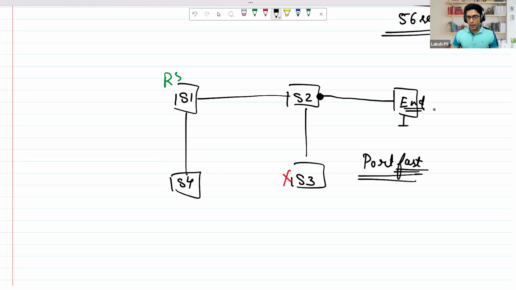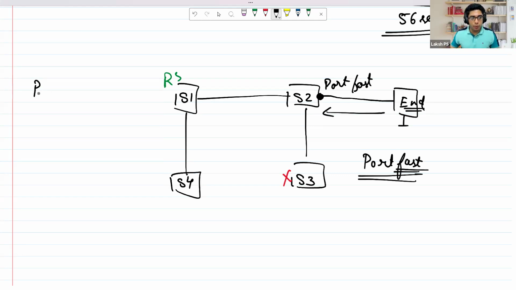It can be a PC, a laptop, an IP phone, IP TV, a printer, a server, anything. When we are connecting a switch to an end device, we make sure that we enable port fast on that interface. Because the moment I connect that end device to this interface, I want it to start immediately forwarding the data.